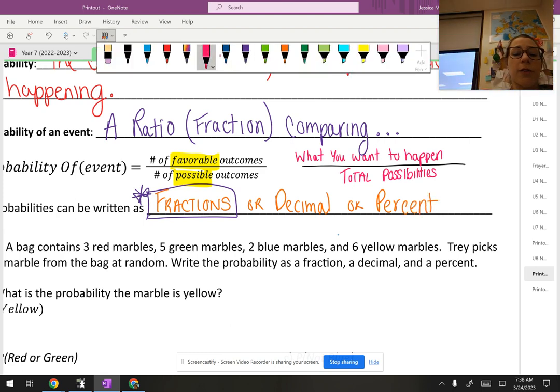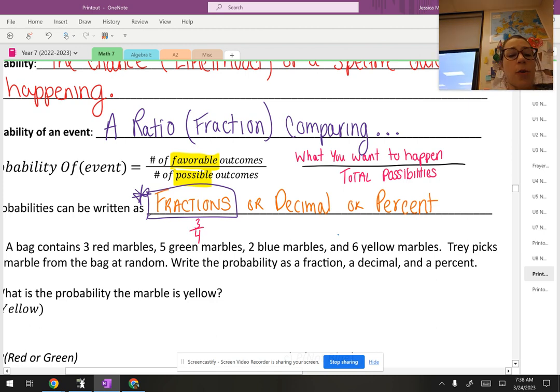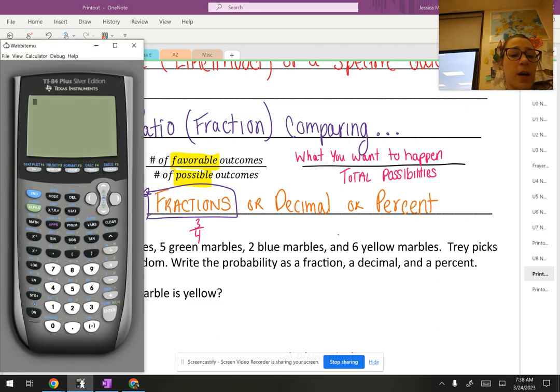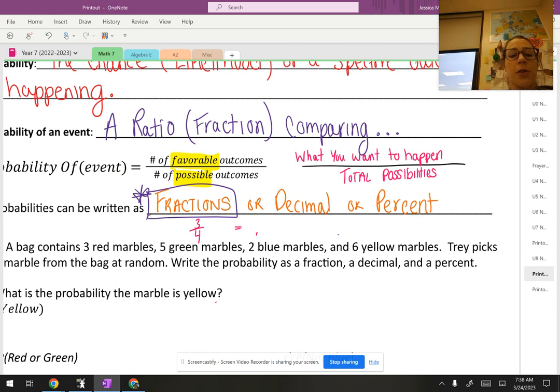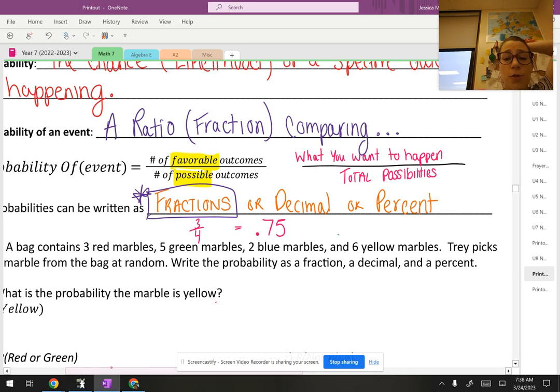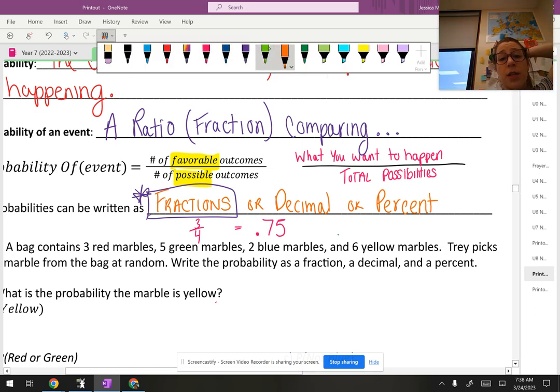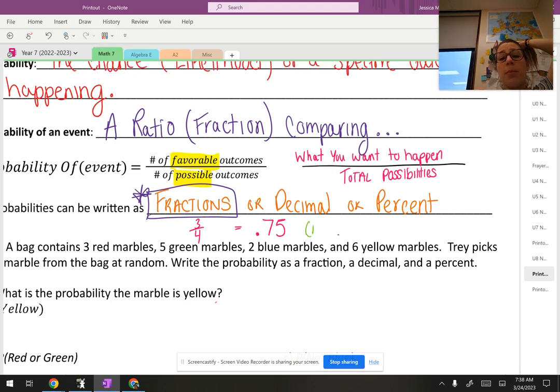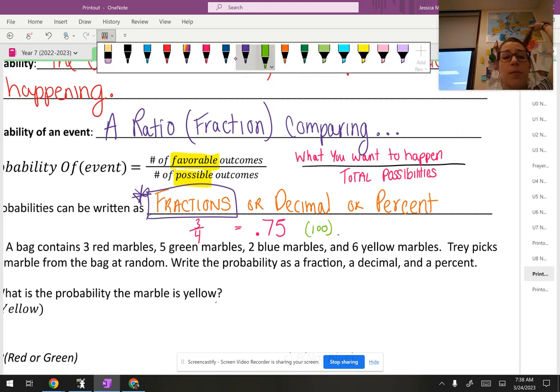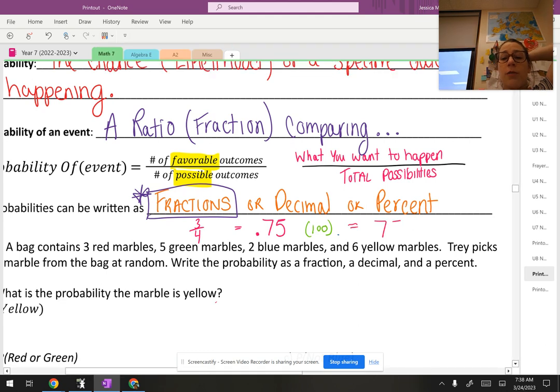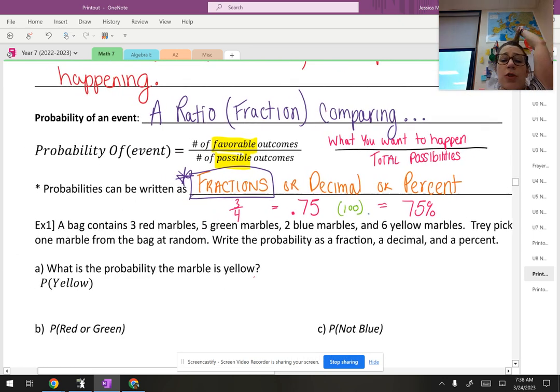For example, if we look at the fraction of 3/4, reminding from unit 2, to get that fraction into a decimal, we're dividing top divided by bottom, or maybe you just know that 3/4 gives you 75 cents or 75 hundredths. And then to go from the decimal to the percentage, we're going to multiply by 100, which gives us 75%.